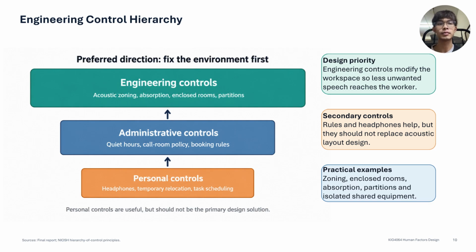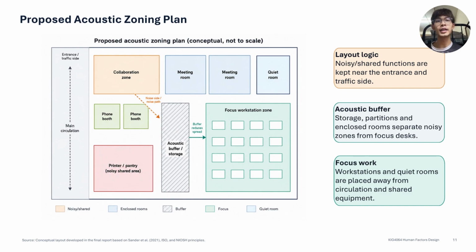Our proposed layout separates noisy shared activity from focus work. The entrance, main circulation road, collaboration zone, meeting rooms, phone booth, printer area, and pantry are positioned on the noisier side of the office. And then an acoustic buffer, which may include a storage, partition, or enclosed room, separates this activity from the focus workstation zone.